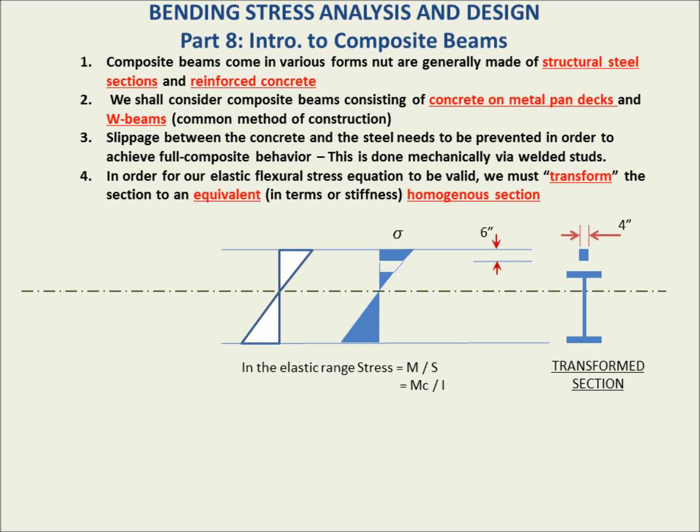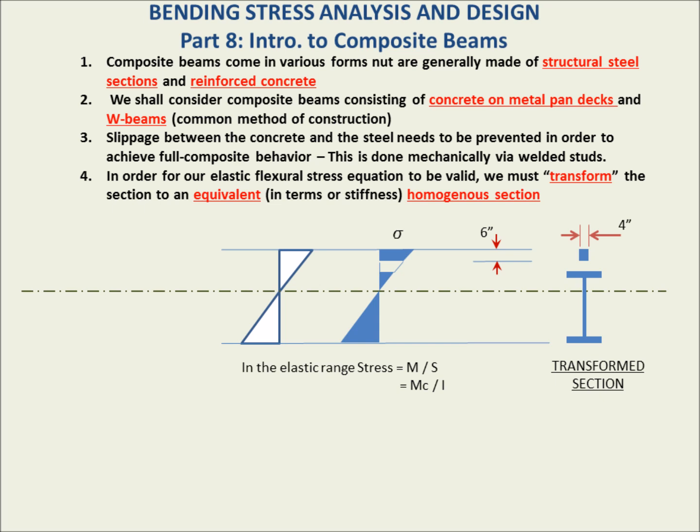When we do so, our elastic flexural stress equation becomes valid. We then came up with the transformed section that we needed to find cross-sectional parameters for in order to solve for elastic stresses, flexural stresses in the elastic range, I mean. So we needed to find the neutral axis and the moment of inertia about that neutral axis.